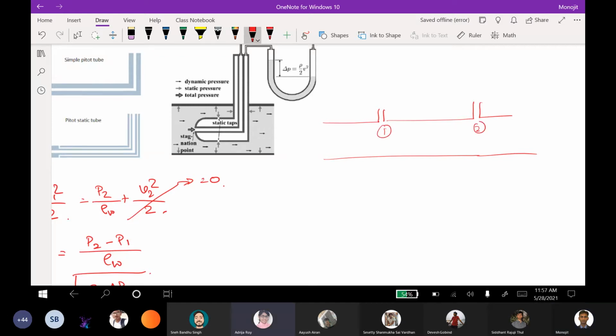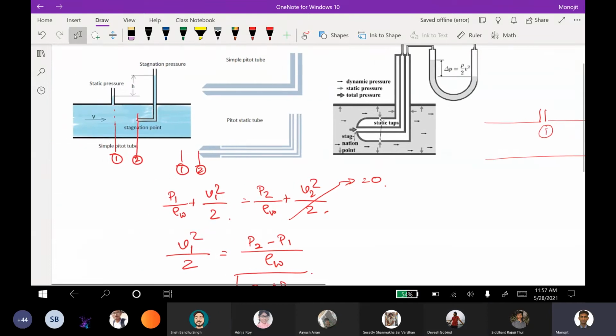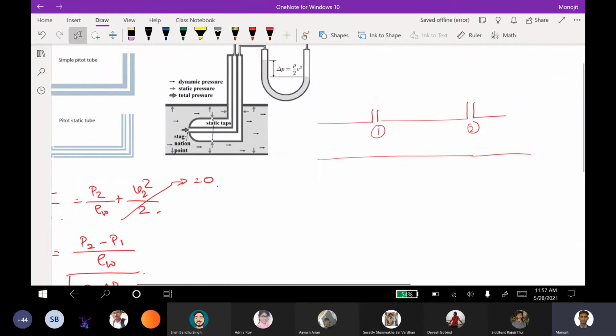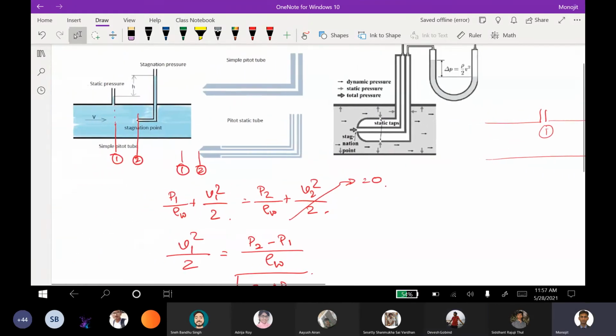If the fluid is not accelerating, then we should get the same static head. Yeah, that is an assumption, because here we are assuming the viscous loss is negligible. But ideally, you should get a different reading, right? Because there will be loss. So because everything is ideal here, the location of 1 will not matter.